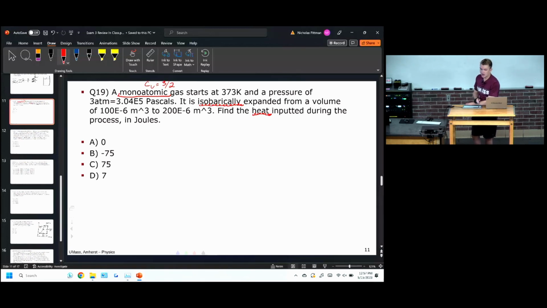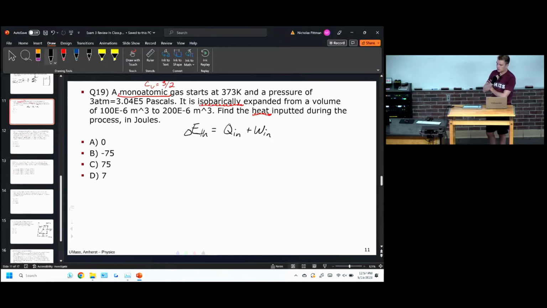So this tells me I should immediately use what equation? The first law, right? It's on all counts pointing to the first law in many, many aspects. So the first law, as usual, in its pure form, is this.